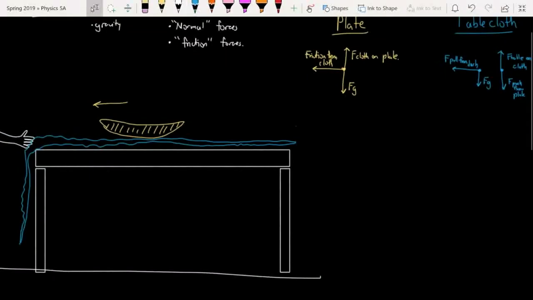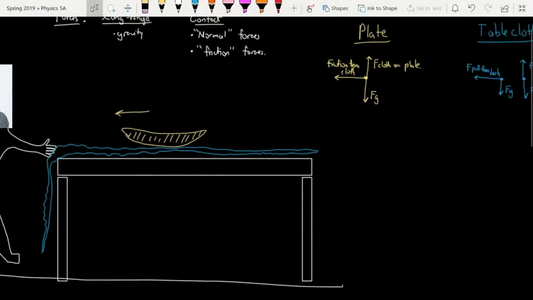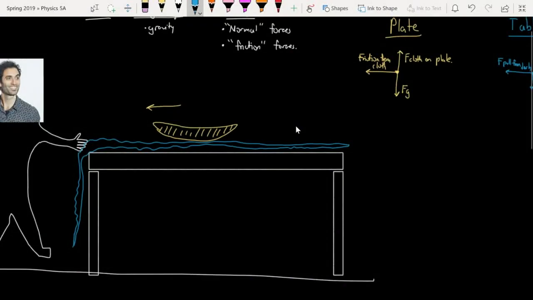I'm going to try and put this in the most intuitive way to really make it sink in. What is the only reason you might have any struggle at all pulling that tablecloth? Imagine if this table was gone, if that plate was gone, and you had just a snapshot moment where this thing was floating in the air, and you were to pull it to the left.